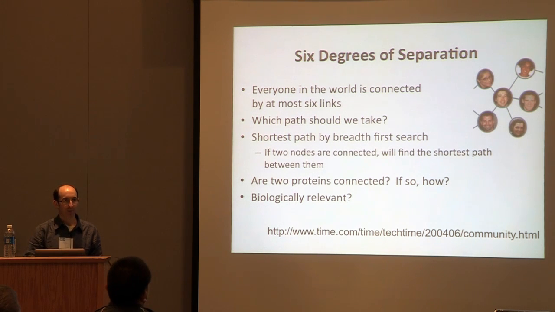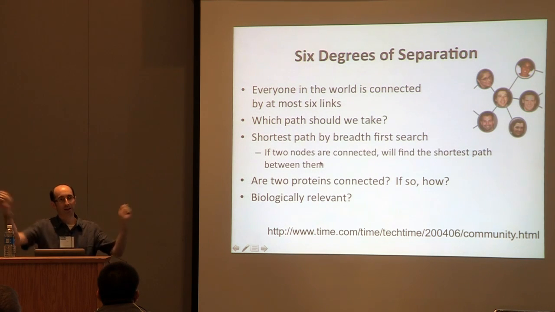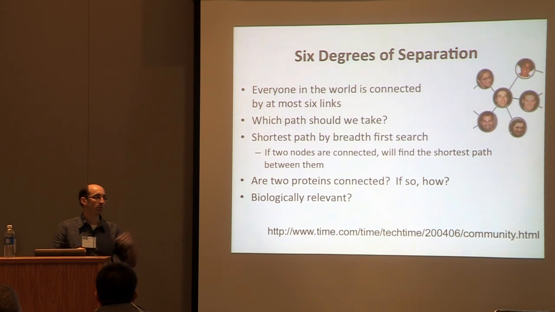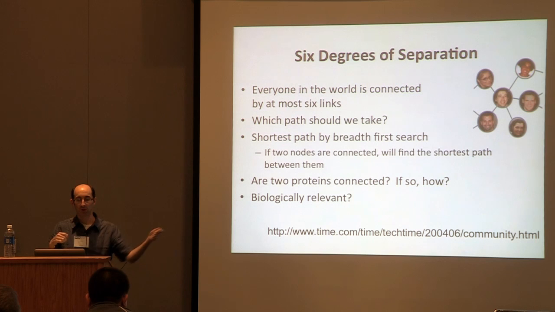These days we've mapped out our social networks in huge detail on Facebook and LinkedIn, and we also have a lot of networks in biology. You might want to know how 2 nodes are connected in these networks. In the biological situation, if you're looking at a big protein-protein interaction network, are 2 nodes connected?